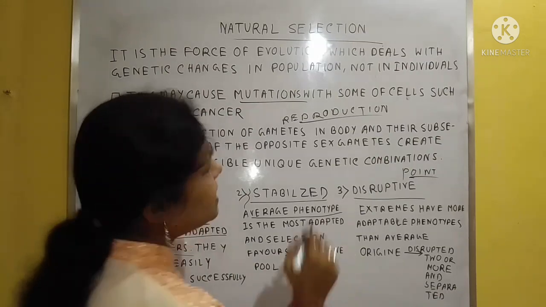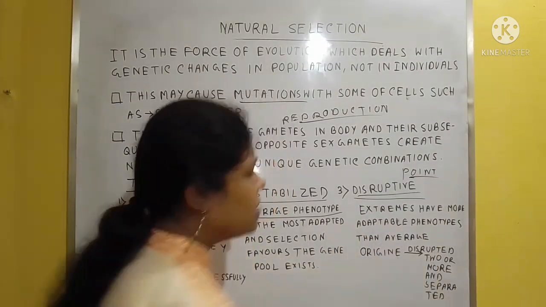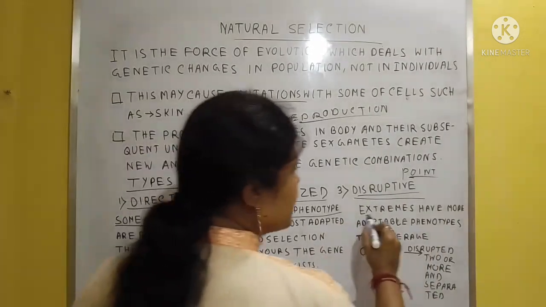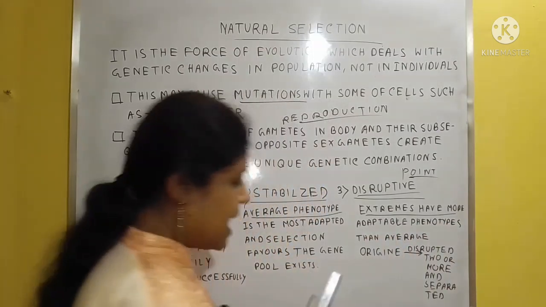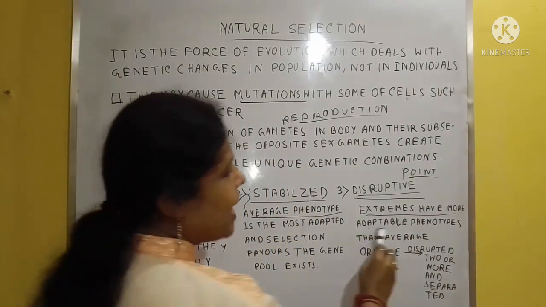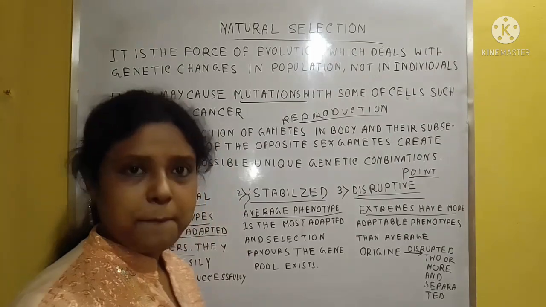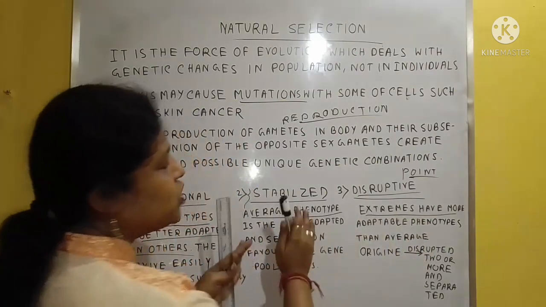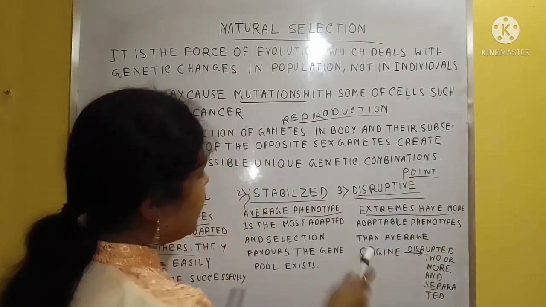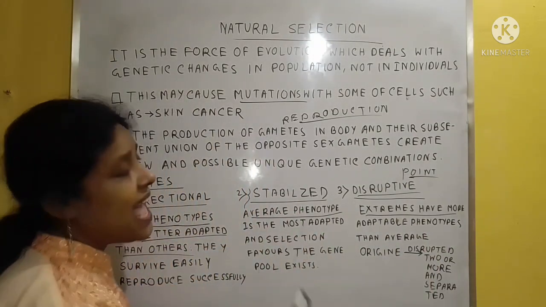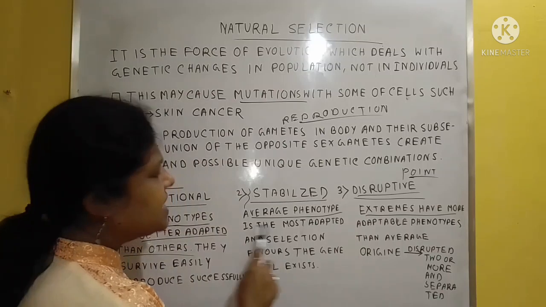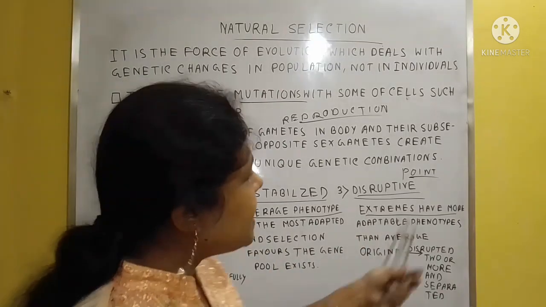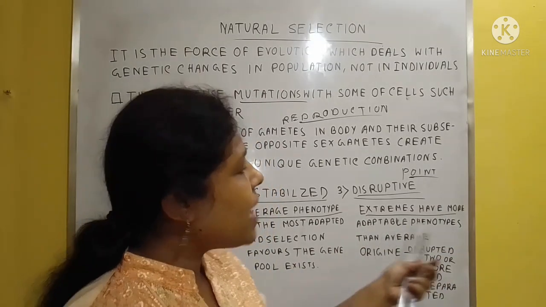And the last one is disruptive. What is disruptive? Here the extremes have more adaptable phenotypes than the average. This is the difference between stabilizing and disruptive: in stabilizing, the average phenotypes are the most adapted, and here the extremes are more adaptable.